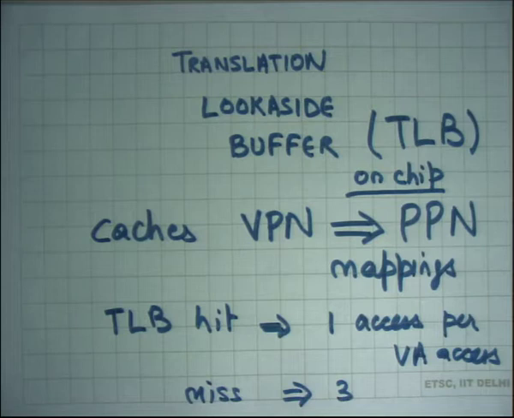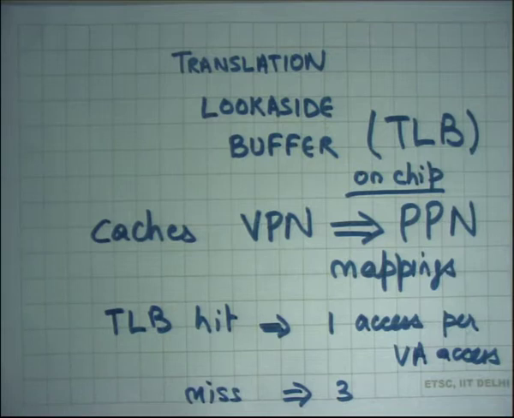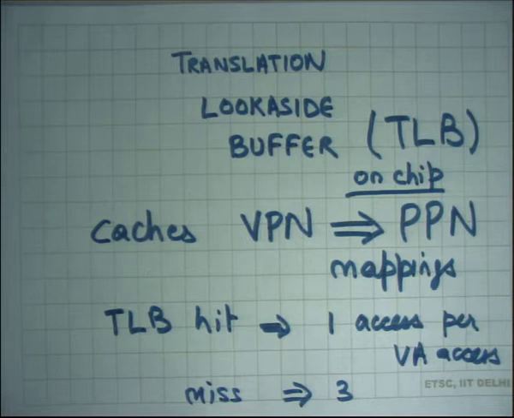So it's important in the real world that most of your virtual address accesses are TLB hits to have any acceptable performance. Otherwise, the whole idea of paging falls flat if the TLB hit ratio was not high enough, because segmentation was giving me a very fast translation. If paging is giving me a 2x overhead on every memory access, that's not acceptable.